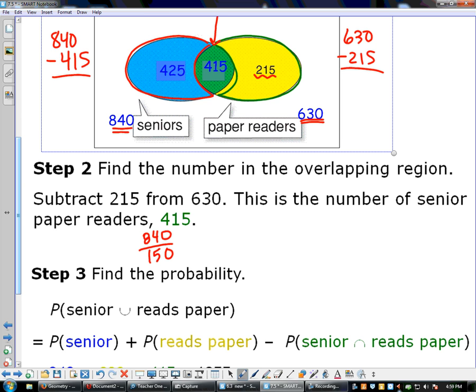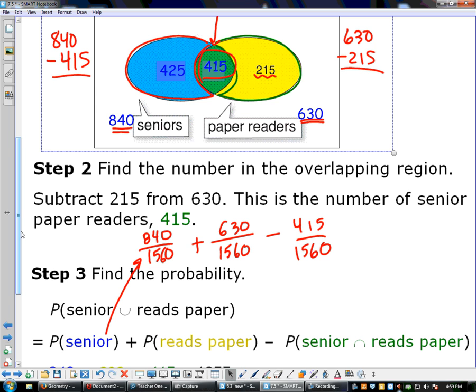Plus the probability that the student reads the paper, and we know that there's 630 paper readers out of the 1,560 students, and minus the probability that there's a senior who does read the paper. That's 415 because that's our overlap area here. So that's minus 415 over the 1560.